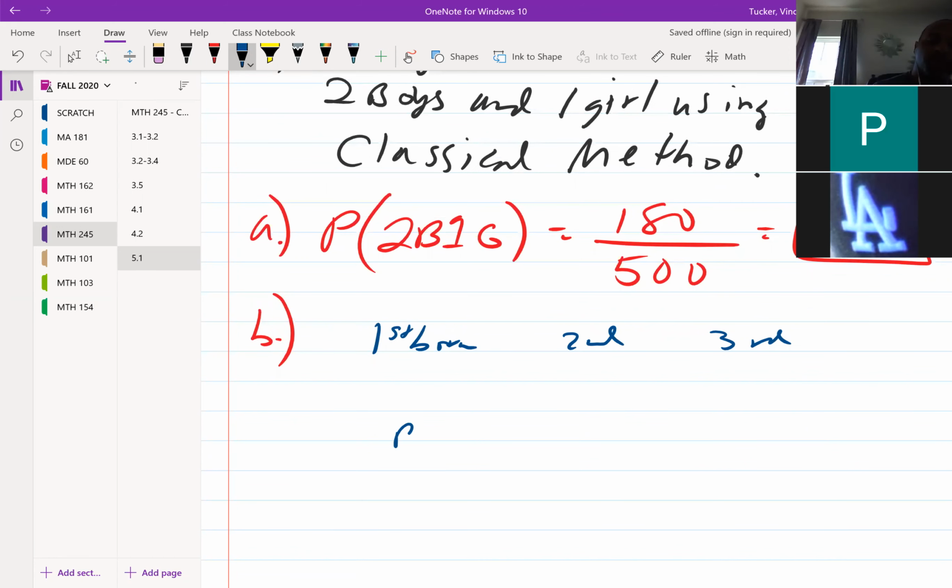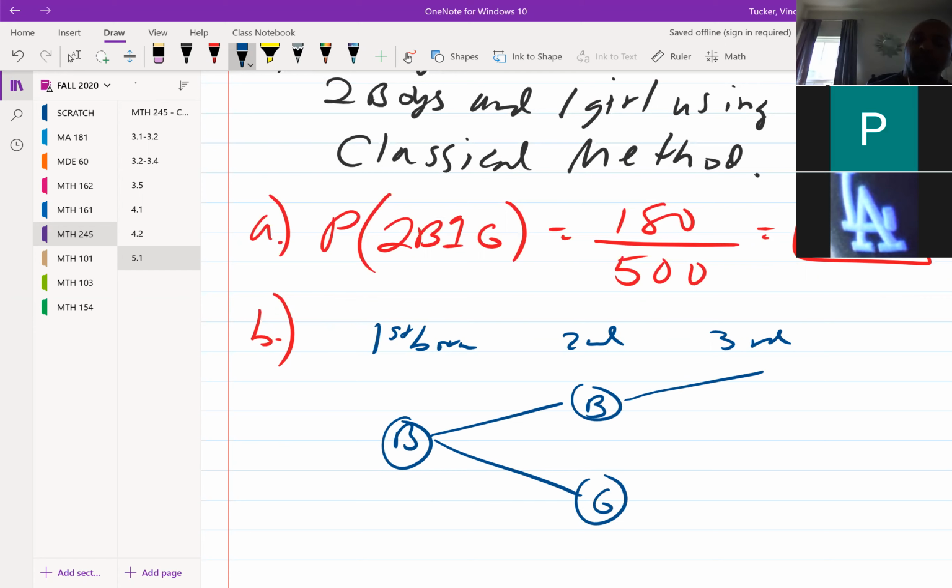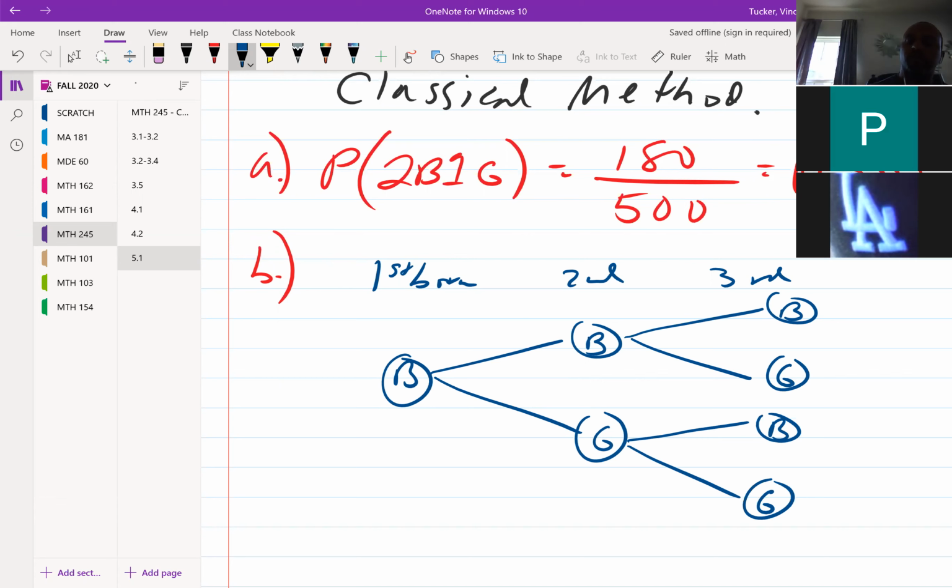So you could start off with a boy first, then a boy second, or maybe a girl second. Then after you had a boy, you could have a boy or a girl. After you have a girl, once again, you could have a boy or a girl.